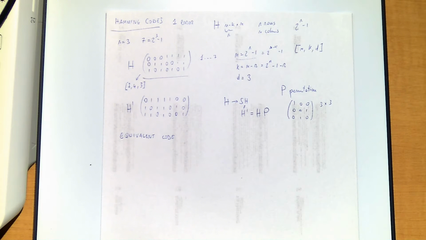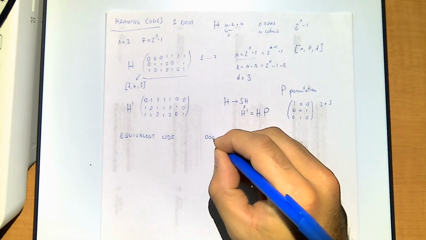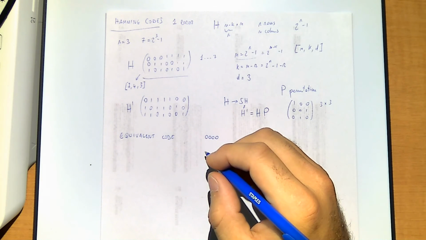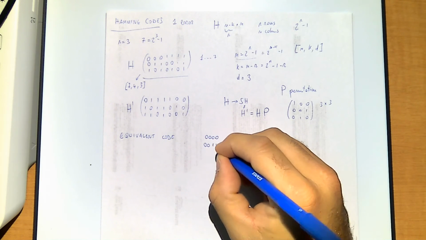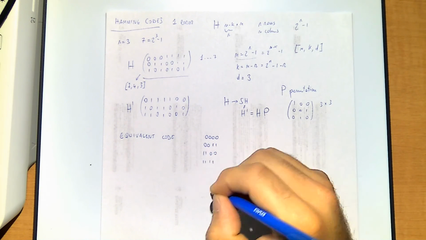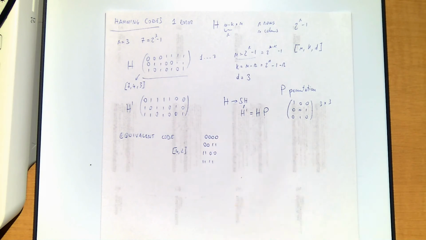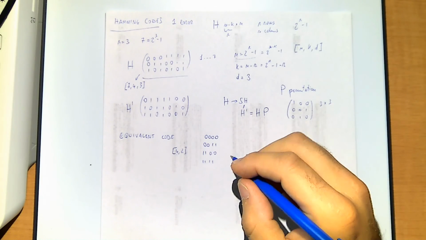Make sense? So for example, here is a (4,2) code. That is a (4,2) code with 4 code words. And here's an equivalent code.